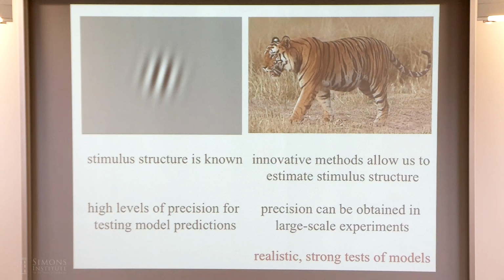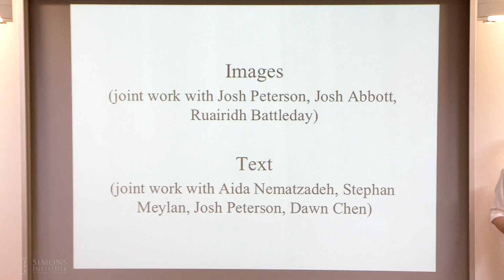As a consequence, we might get a much better test of the psychological models I've been talking about. So with those objectives in mind, I'm going to talk about models that have been applied to the two cases we've heard a lot about this week, images and text.